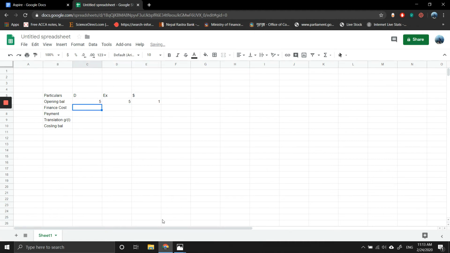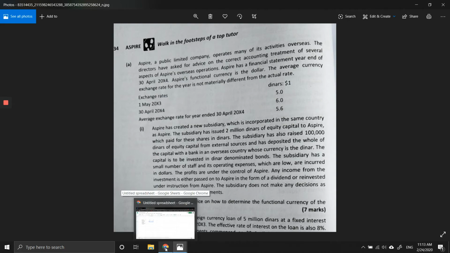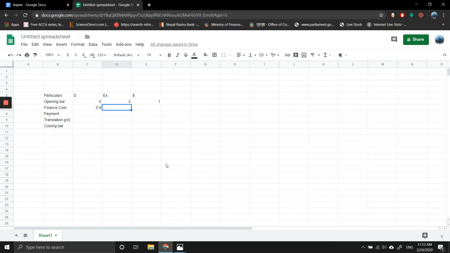And then finance cost will be this into 8%, or 0.08, at the average rate, which is 5.6, and the closing rate is 6.